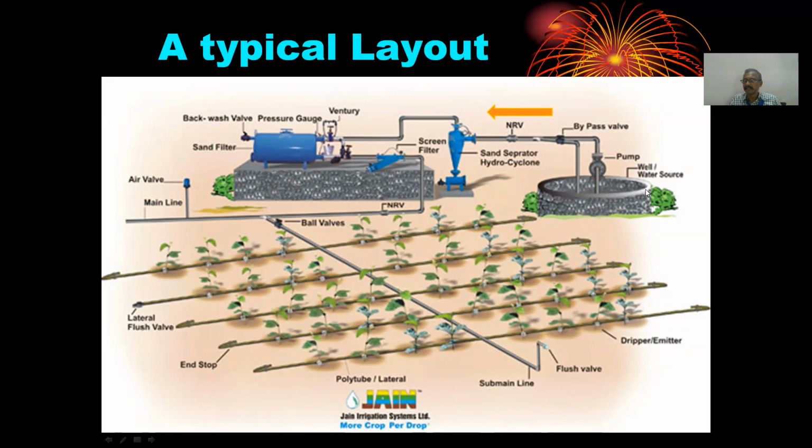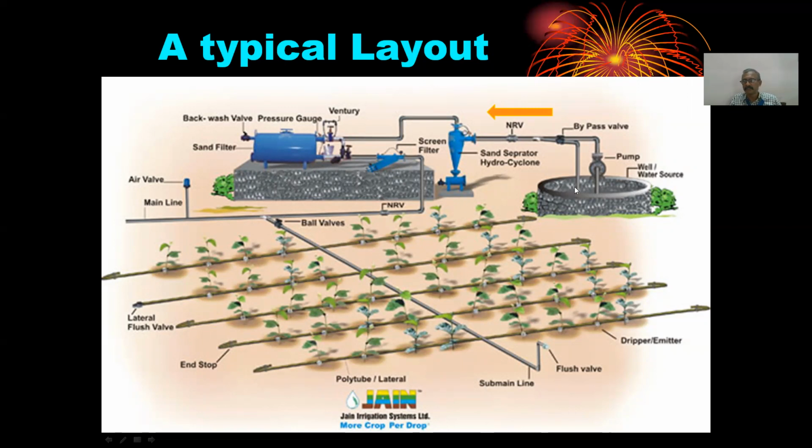See here, you have a well, and from the well, a pump is used to pump the water, and after the pump, you have a valve called the bypass valve. You know that all these systems are designed for a specific pressure. If the pressure goes beyond the design pressure, there is a possibility of the system getting broken down.